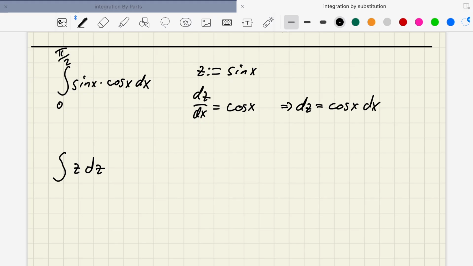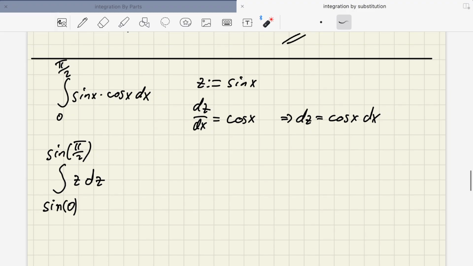So your new upper limit is sine pi half, and your new lower limit is sine of 0. Again, if you have your substituted integral, you put your limits from the non-substituted function into your substitution function, and these are your new limits, so sine of pi half and sine of 0.